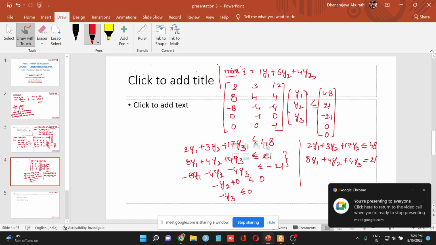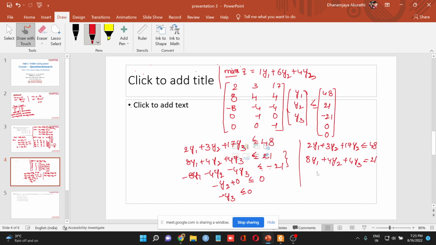And here you can see that it is minus y2 less than or equal to 0. If we multiply this with minus 1, then y2 is greater than or equal to 0 and y3 is greater than or equal to 0. Here we observe that the non-negative conditions for y1, y2, y3 have to be obtained.